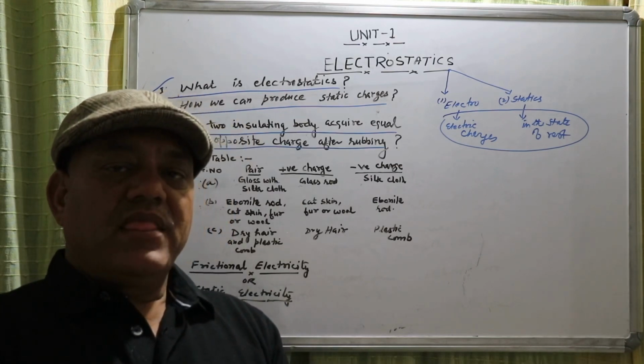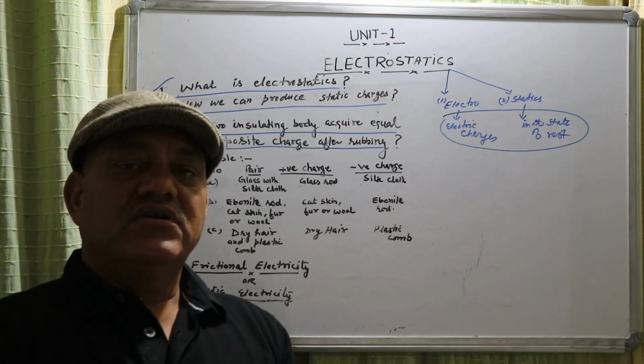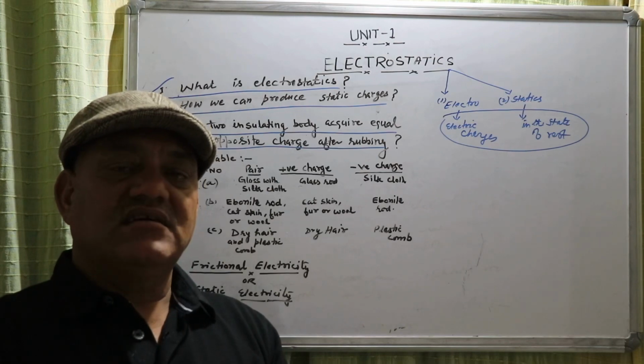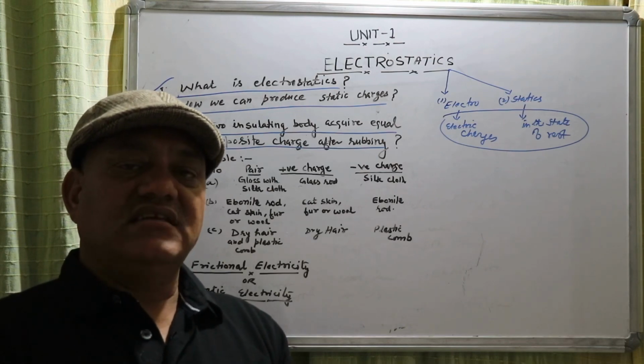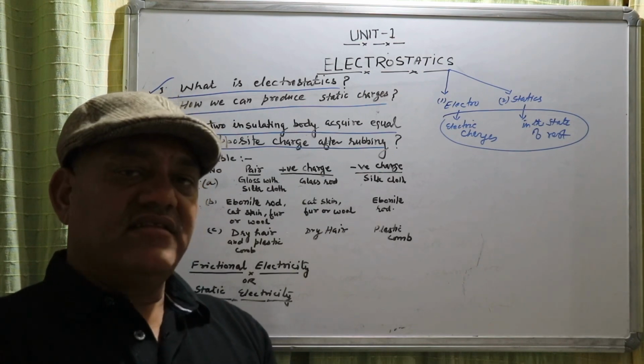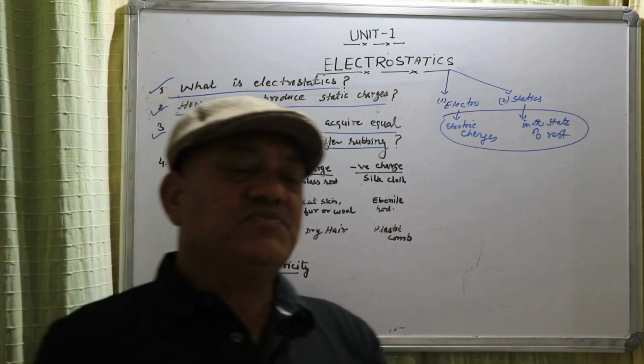When we rub two suitable insulating bodies against each other, then due to friction, heat is produced.